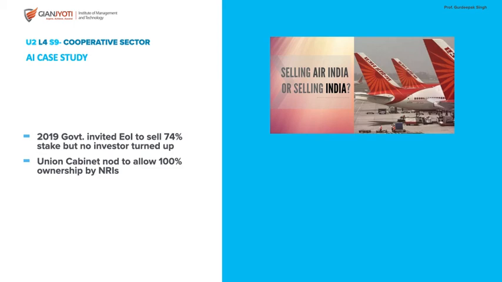They all were interested. But the conditions that the government had put, like the 26% stake of the government, they were not very happy with that. So no investor turned up.